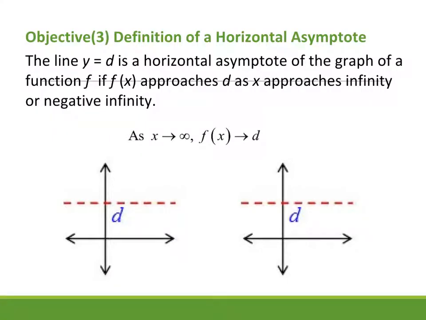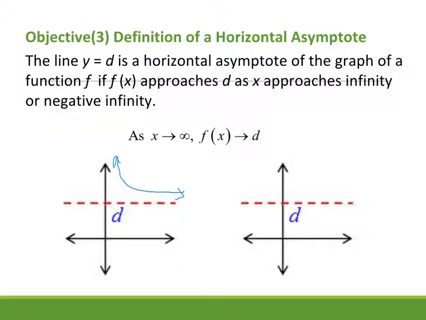Our next objective is to define horizontal asymptotes. The line y equals d is a horizontal asymptote of the graph of the function f if f of x approaches d as x approaches infinity or negative infinity. And so again, we have the situation where we can have something that looks like this.